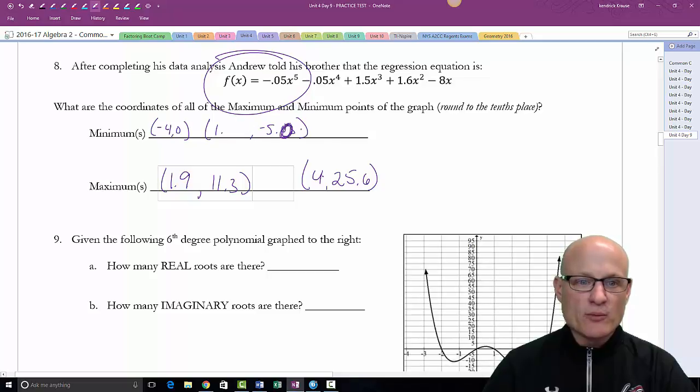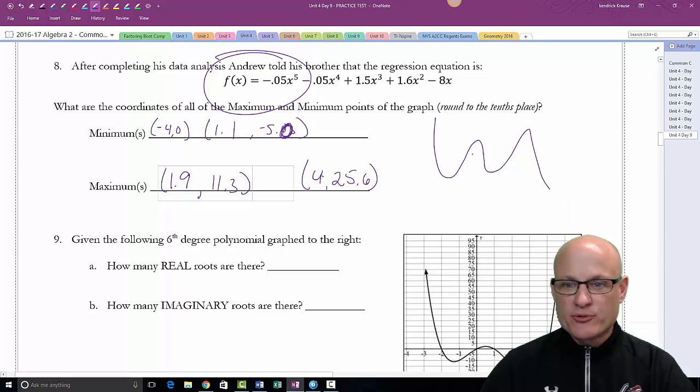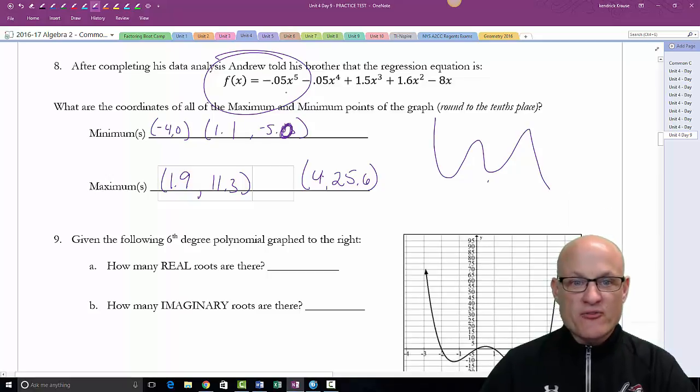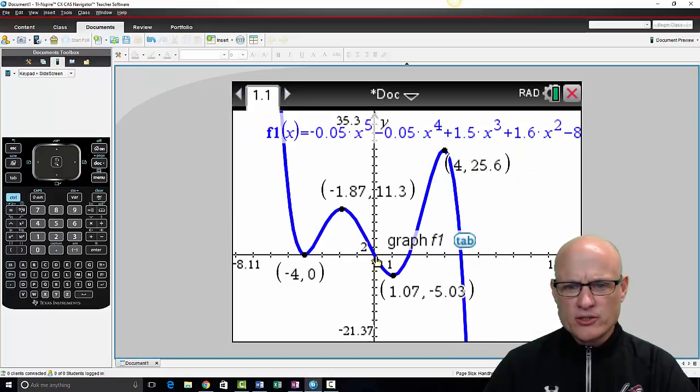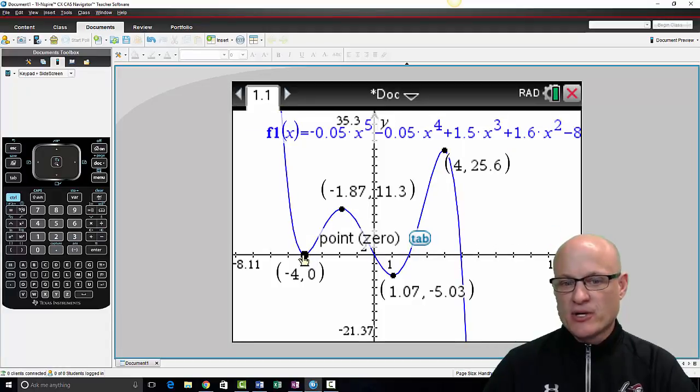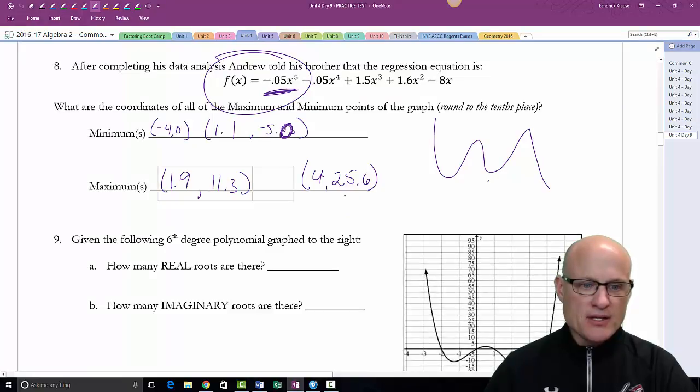All right. So, you know, it looked like this. Something like this. Notice it's a 5th degree polynomial. How many roots did I have? 1, 2, 3, 4. I could have 5, but here I got a jumping off point. I got a bounce point. All right.